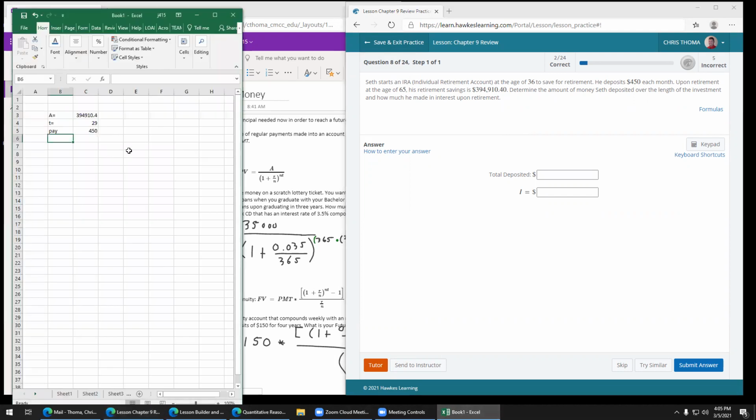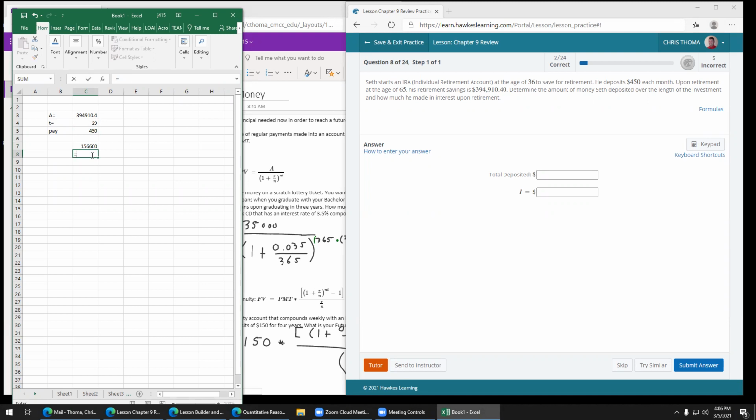Let's think, because we got to think about this logically. They're not giving us the interest rate because I want to figure out the interest, right? So if he pays for 29 years, he makes a payment of $450 per month, right? So the total money Seth contributes is going to equal payment times years times 12 payments a year for 12 months. So that's how much Seth paid.